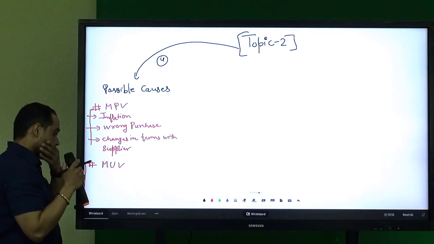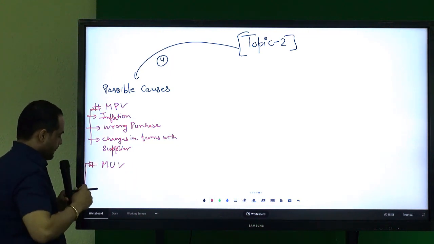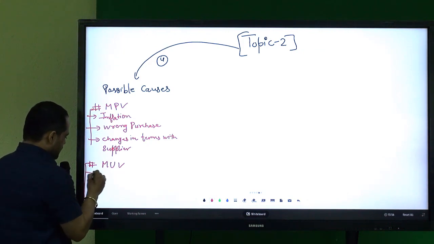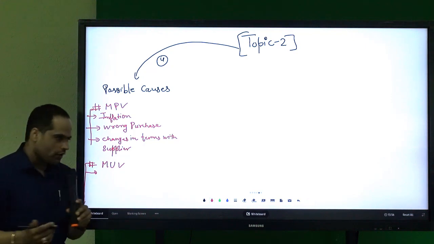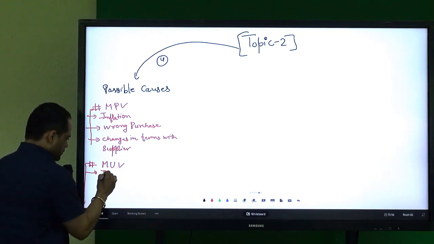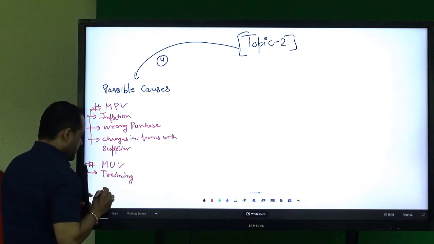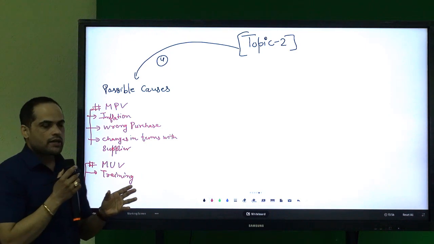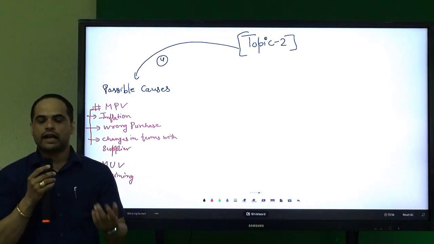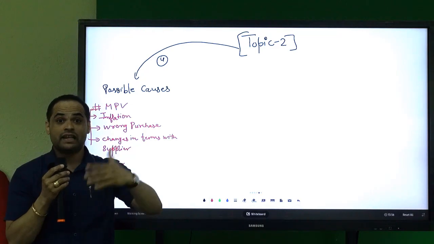Now we move on to the material usage variance. The first could be training. Training is a period in which workers learn, and the company knows that material consumption normally increases.